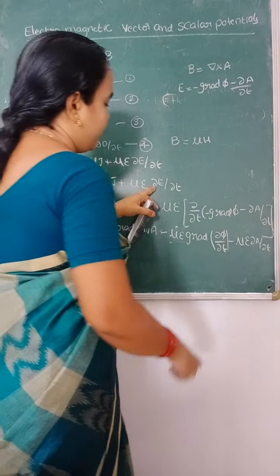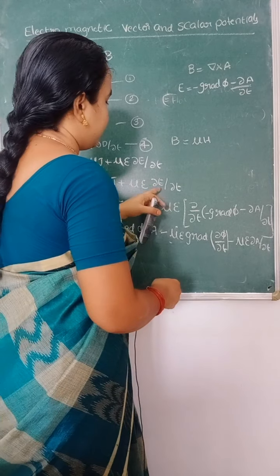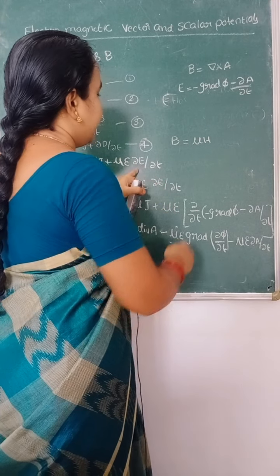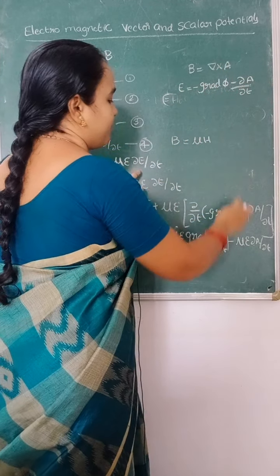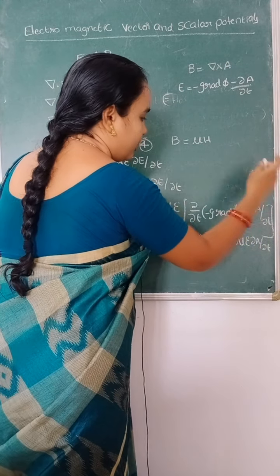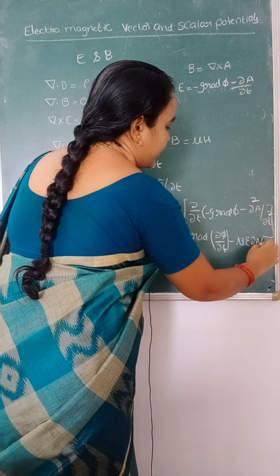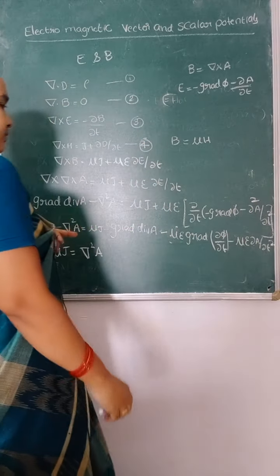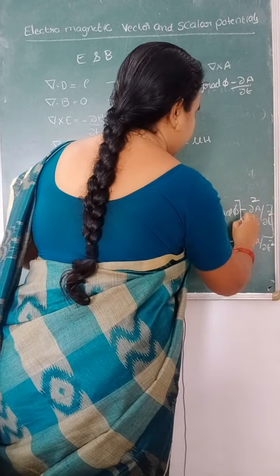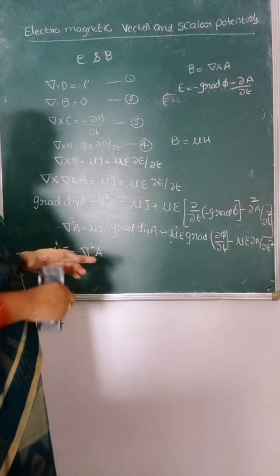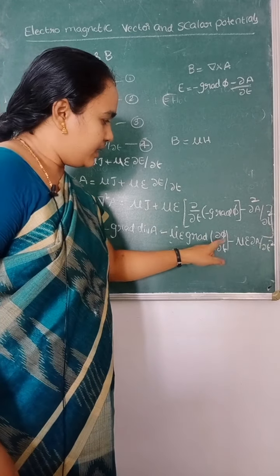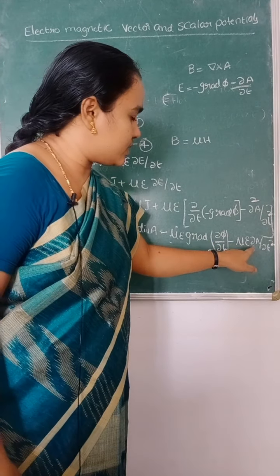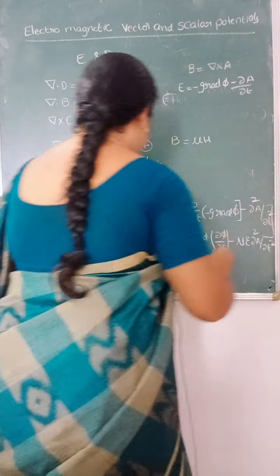this is dou by dou T, mu by epsilon naught dou by dou T. In E we have calculated minus gradient of phi minus dou A by dou T. So dou by dou T, another dou by dou T, that is dou square A by dou T square. This is minus mu epsilon gradient of phi dou phi by dou T minus mu epsilon dou square A by dou T square.